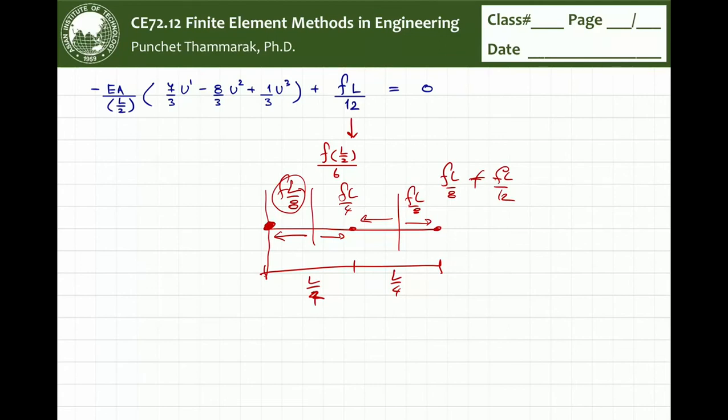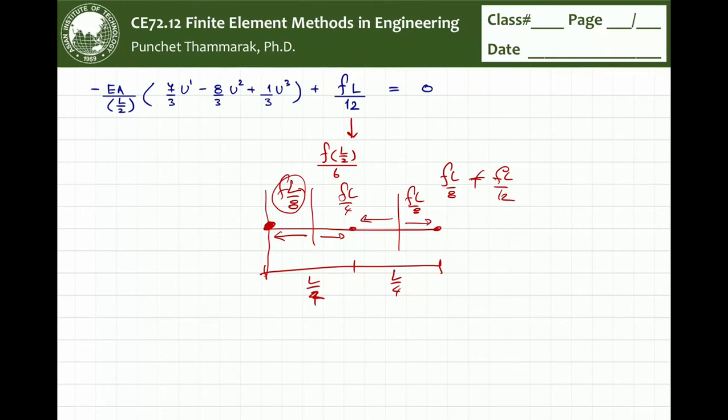The force will not go anywhere, will not leak, cannot disappear. But the distribution and the way we locate forces to each individual node will be different from that concept. So that's why you get this FL over 12.